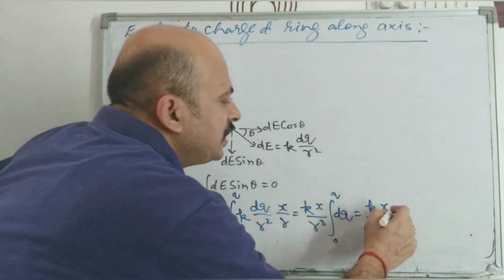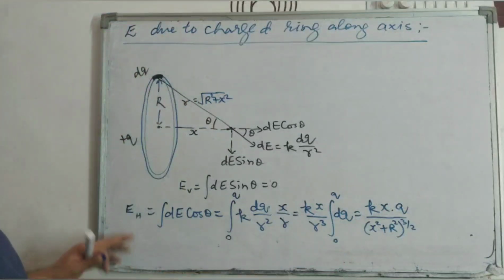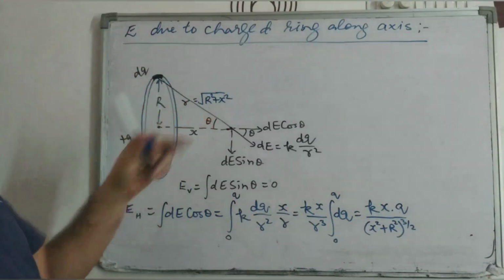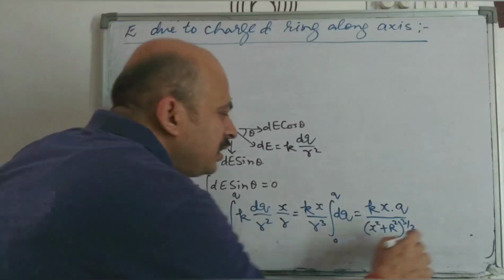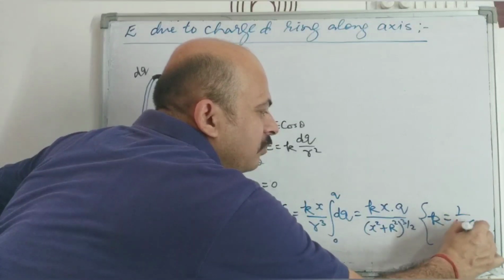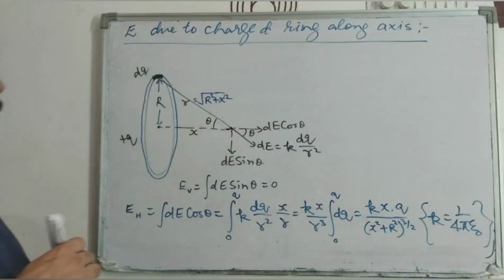And the integration of dq is equal to q. So that is the electric field due to the ring along its axis. K is 1 by 4 pi epsilon naught as usual.